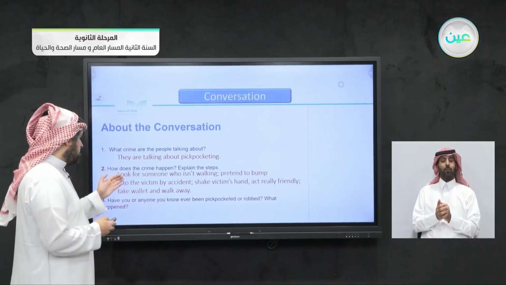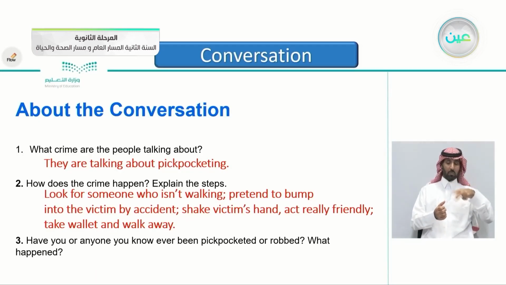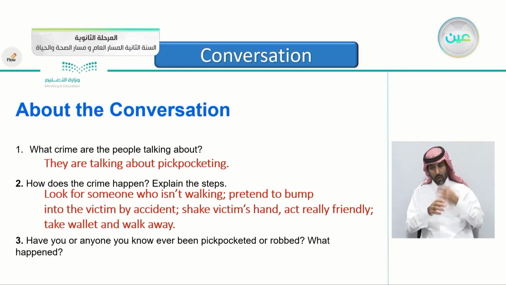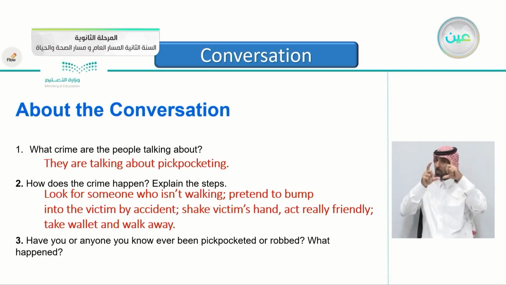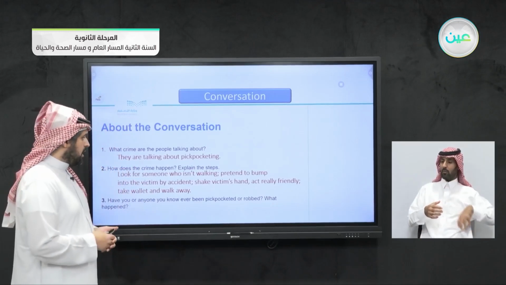Very good. Look for someone who isn't walking. Pretend to bump into the victim by accident. Shake the victim's hand. Act really friendly. Take wallet and walk away. They focus on someone who isn't walking, standing, watching the buildings, maybe taking photos, while they put their hands in your pocket and steal your wallet.